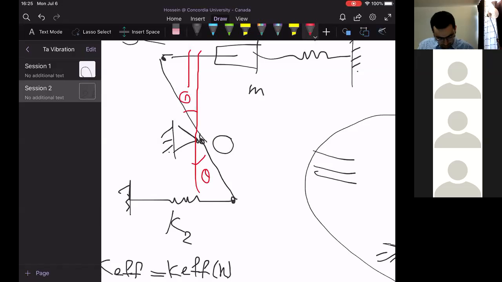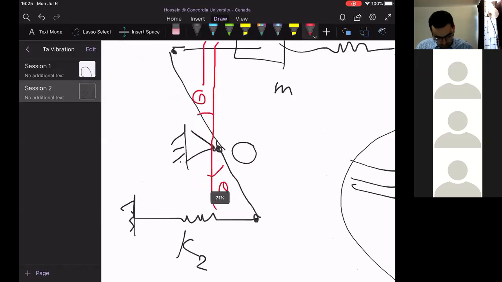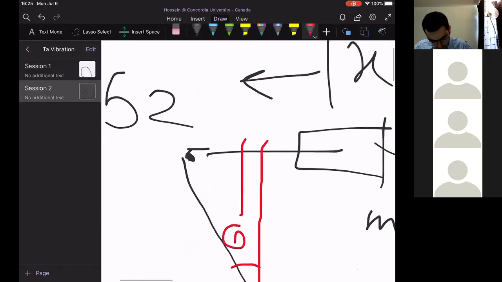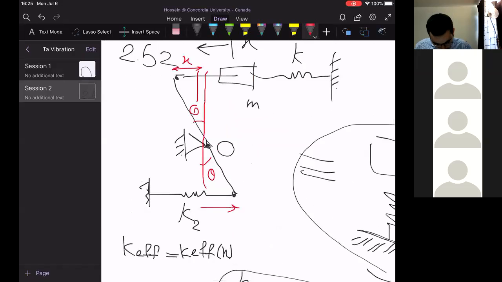So I can say this displacement I can call x, and I can call this displacement x2, right? So this length is given as b, or you could assume this is given as b, and this length is given as a, right? A. Okay.